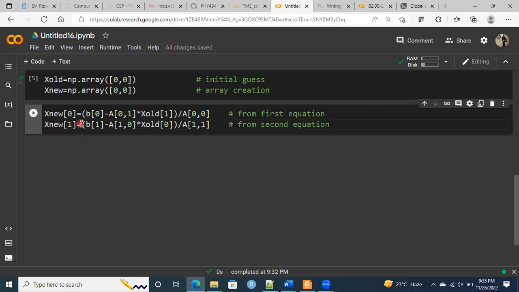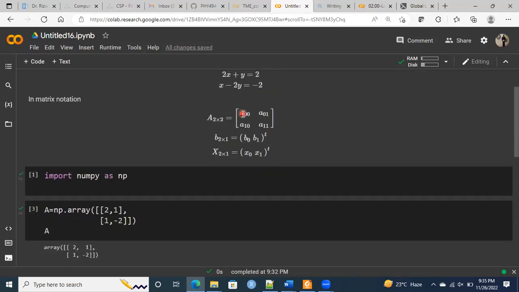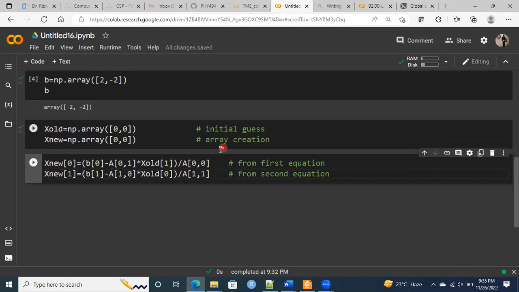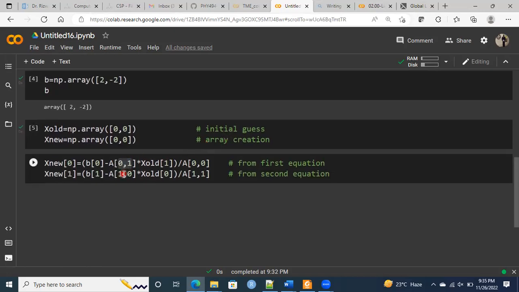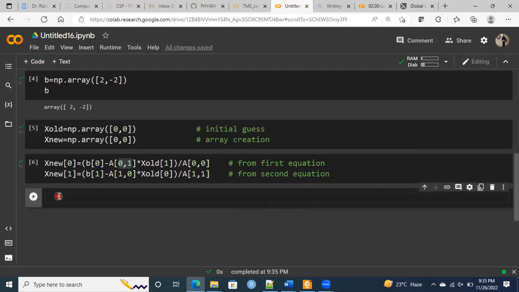The first array is A00, A01, and in the second equation, the coefficients are A10 and A11. So let's see. Okay, so this has been computed. Now the next thing is to write the new values of x. Let's see. Okay, so they have been updated 1 1.